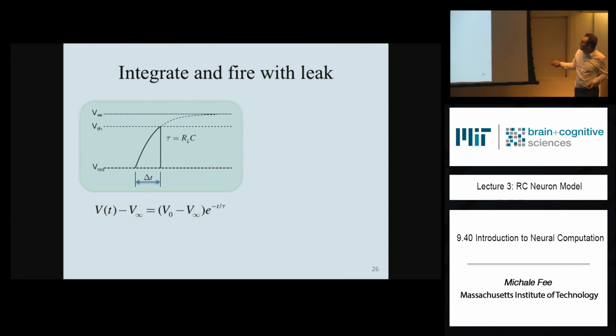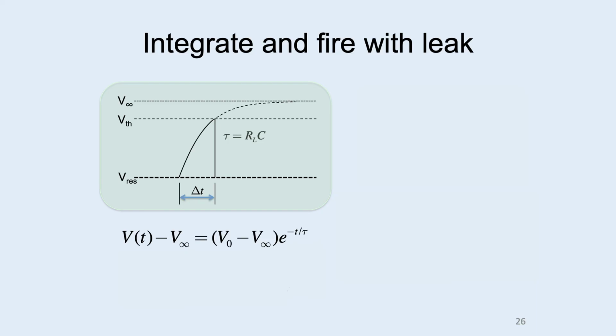And we know the initial voltage, that's V reset, and we know the voltage at time delta t, and that's just equal to V threshold. So we can just substitute those quantities into this equation. So now we have V threshold minus V infinity equals V reset minus V infinity times e to the minus delta t over tau. Does that make sense?